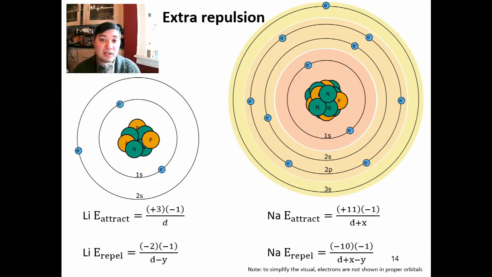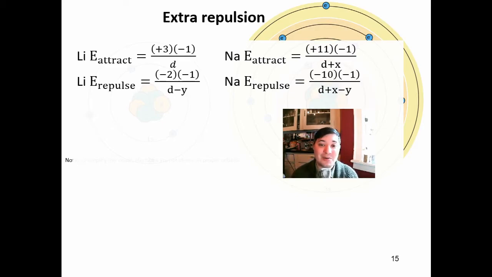Now, in the case of sodium, we see that the nucleus has a +10 charge. So that's way more attraction, right? But then if you look at the very next term, you see we also have way more repulsion. So what we're going to do is we're going to plug in these numbers, and similar to before, we're even going to ignore distance for a moment.